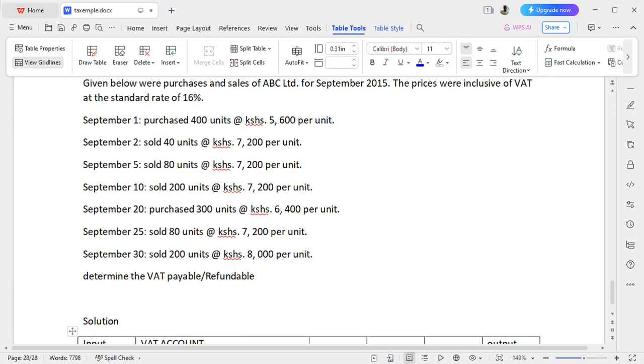How many units? 400. 400 times 5,600. What do you get? 2,240,000.